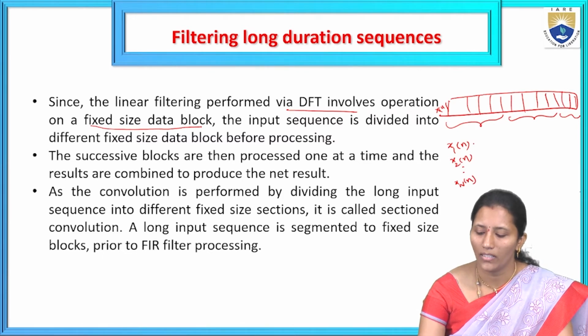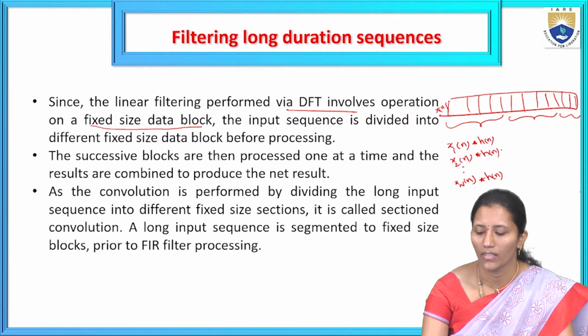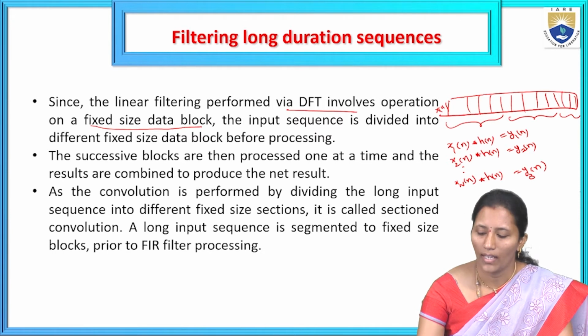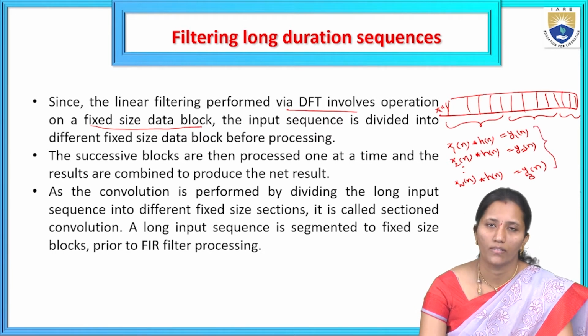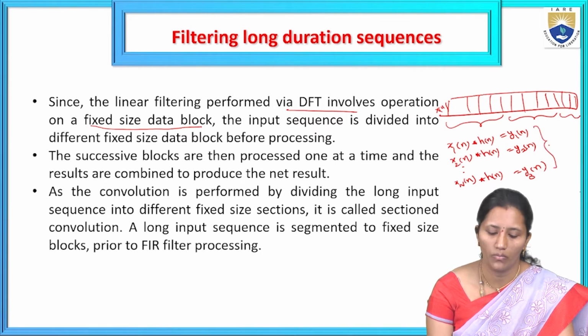Each segmented block is convolved with the impulse response of the system, and we get the individual output responses. At the end, we have to combine these outputs. For that we have two procedures.